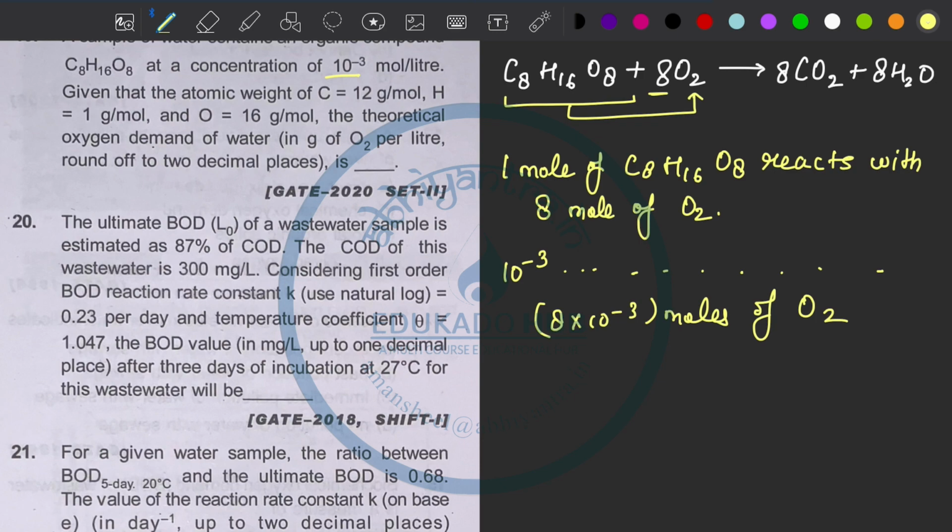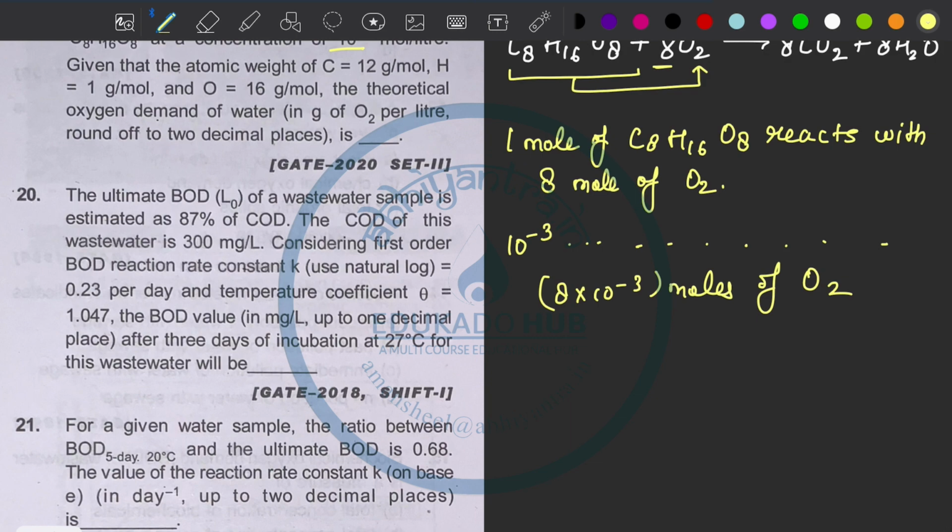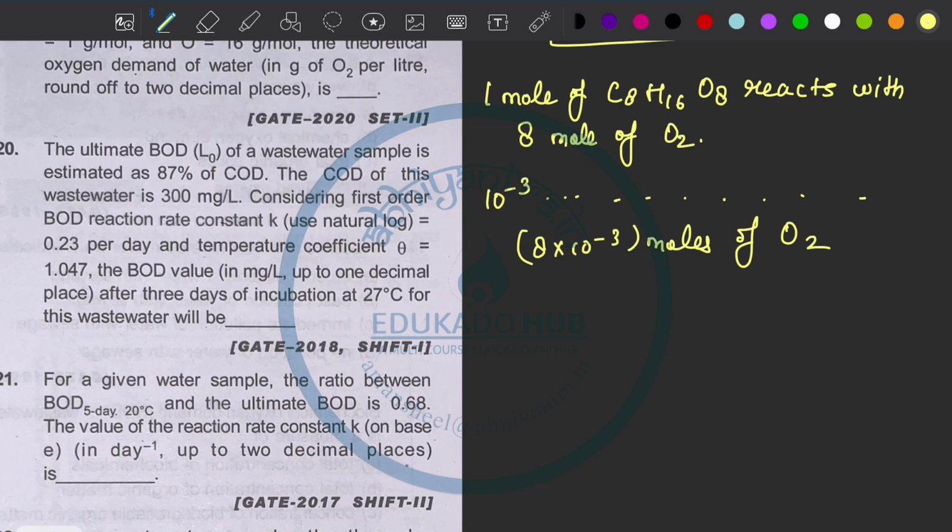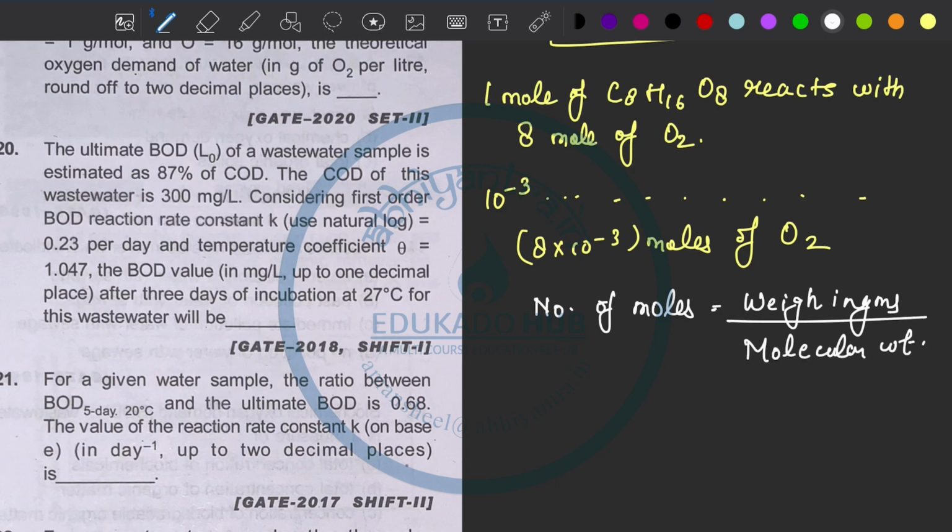So this much number of moles of oxygen came out, and now we know what the number of moles is. Number of moles is nothing but the weight in grams divided by molecular weight.